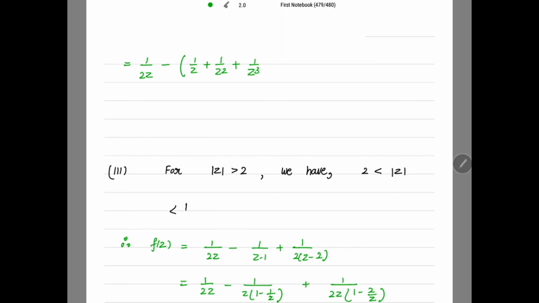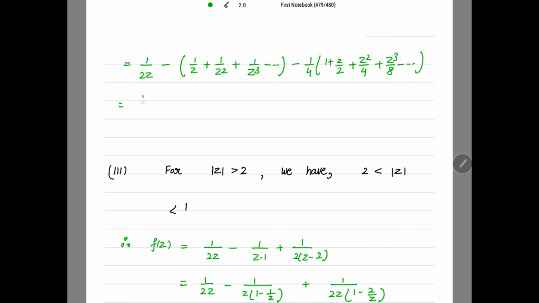I'm multiplying z inside, and this is minus 1 by 4, 1 plus z by 2 plus z square by 4 plus z cube by 8 up to so on.